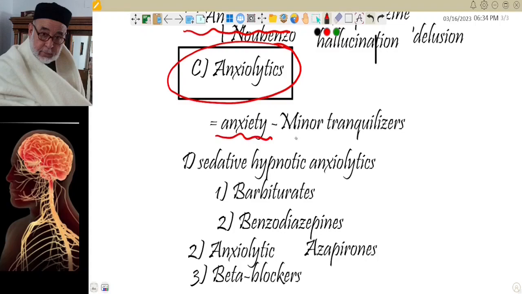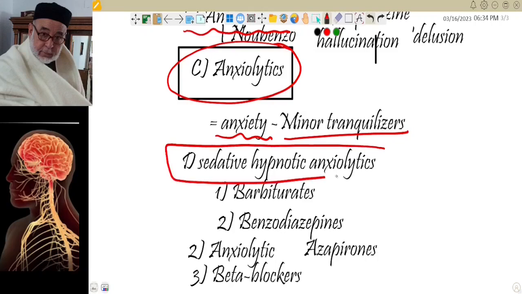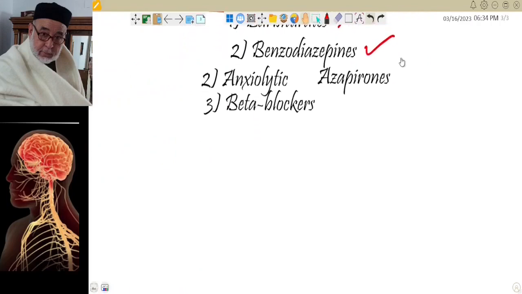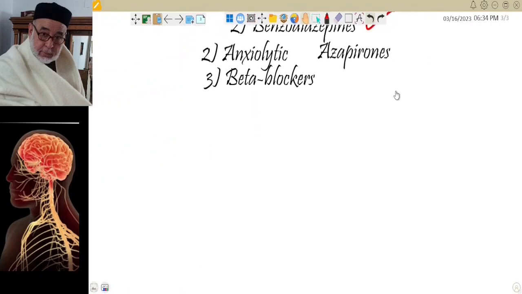They were known as minor tranquilizers. They include the sedative hypnotic anxiolytics, like oral barbiturates, which have no place in therapy anymore as anxiolytics, and the benzodiazepines, which still provide a very good tool if they are used properly. Second, anxiolytics without sedation, like azapirones, and lastly, beta blockers.